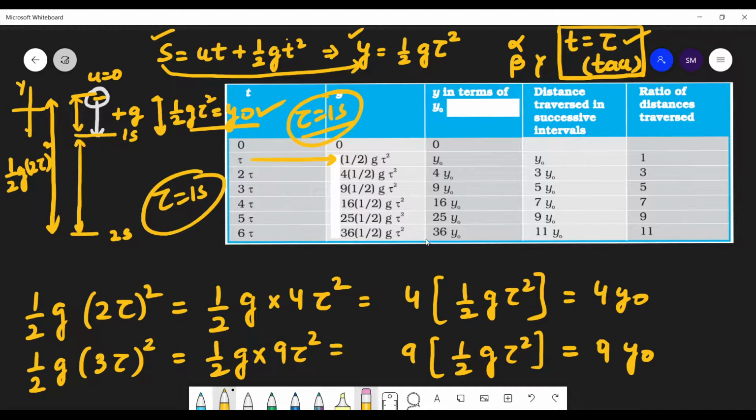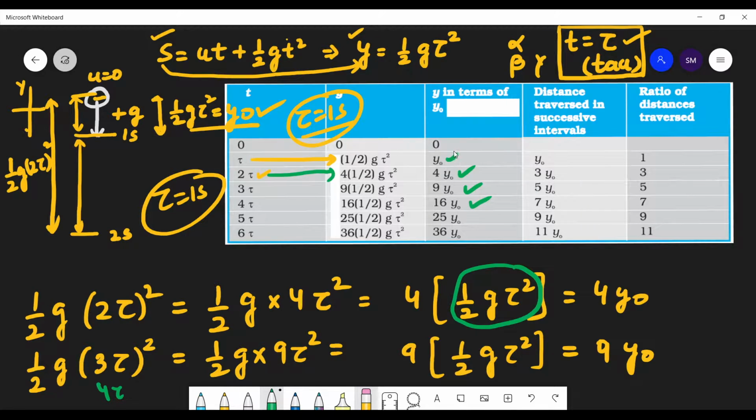When the time is 2 tau, how much is the distance traveled? If you are taking this as y naught, then in time tau it's y naught, in 2 tau 4y naught, in 3 tau 9y naught, and in 4 tau, after 3 it will be 4, so the square of 4 will be 16.